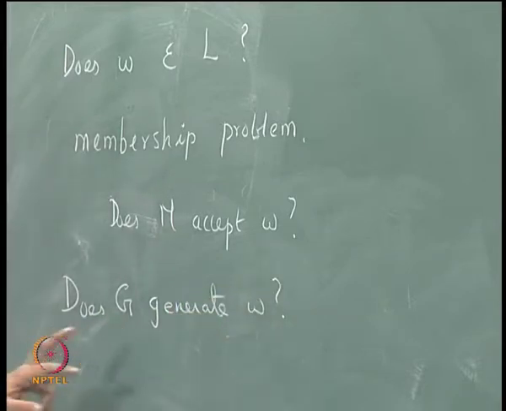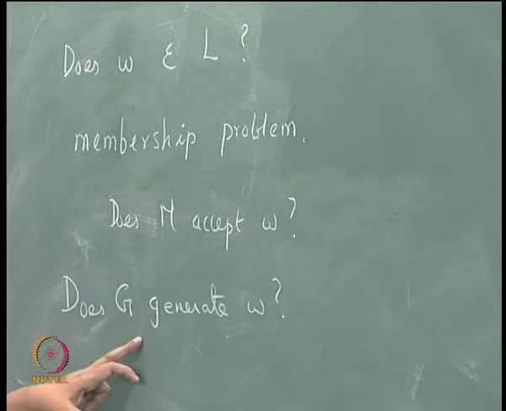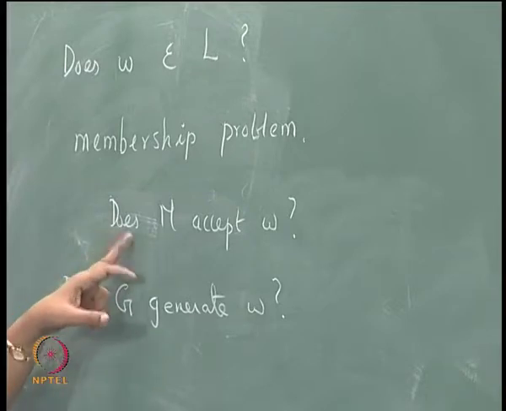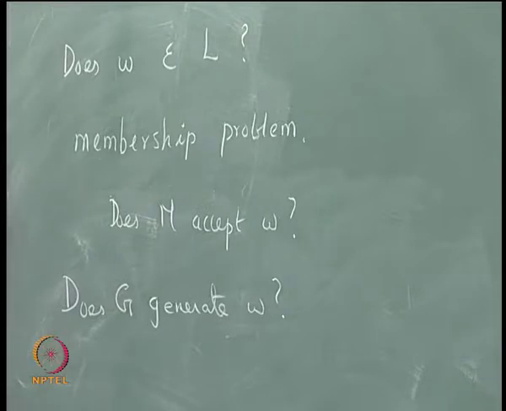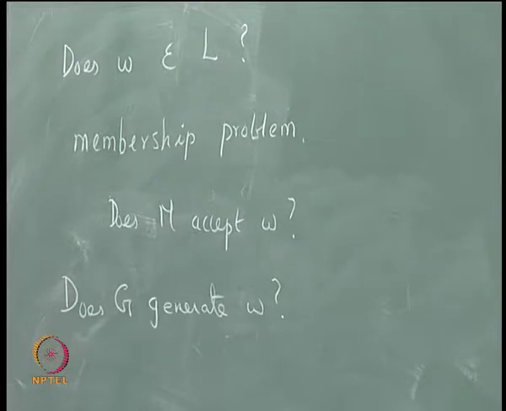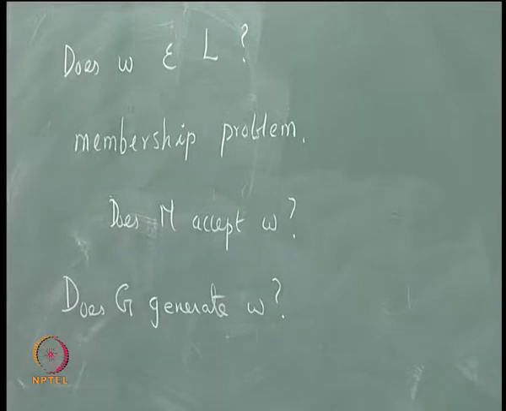If G is type 0, this is undecidable. As a Turing machine, we know that this is undecidable. Whereas the membership problem for context sensitive languages is decidable. Context free languages it is decidable, for finite state automata or type 3 languages it is decidable.